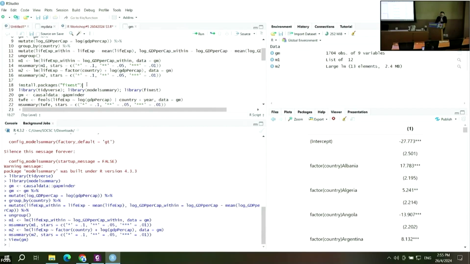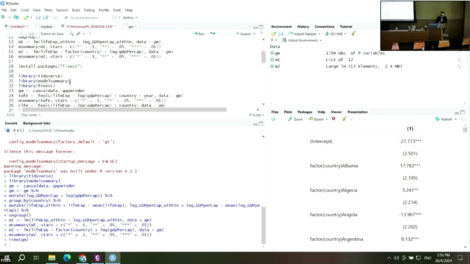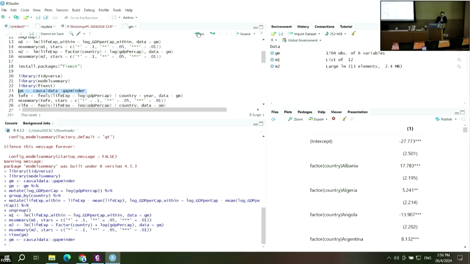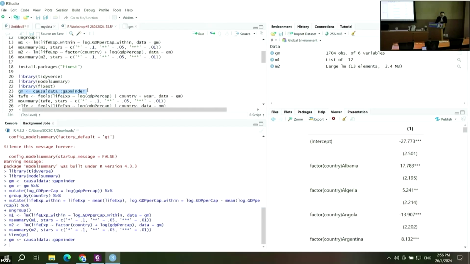Now, look at this. Line 18, because the data has already been loaded, I don't have to load it again. I only need to recall the data set. That's it. I don't even need to library the causaldata because it's there already.